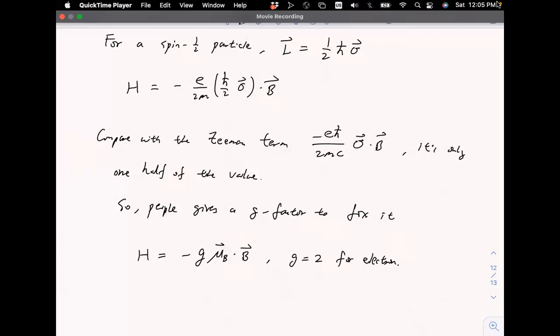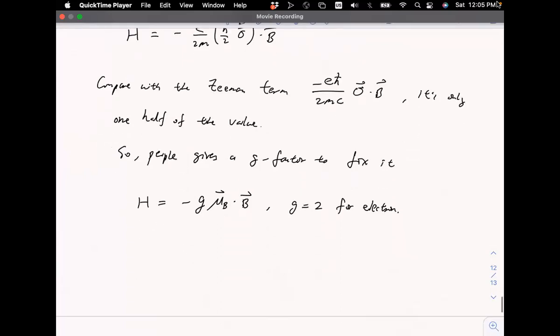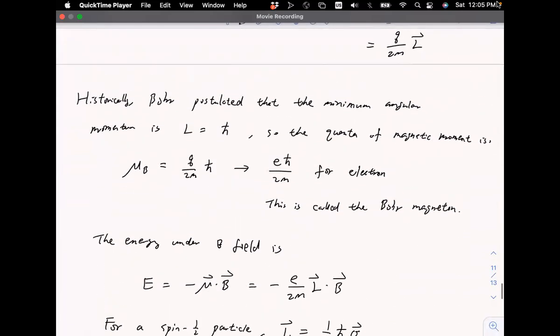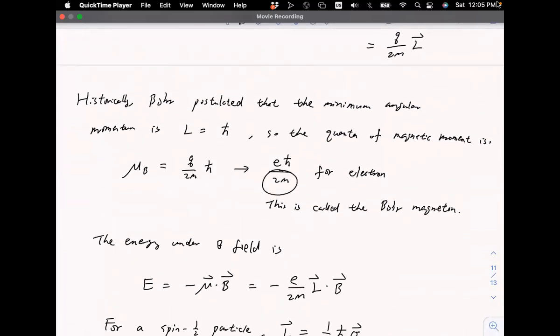Okay. So the mass is important for the magnetic moment. Let me give you an example. The magnetic moment has an M here. Why do we have an M?